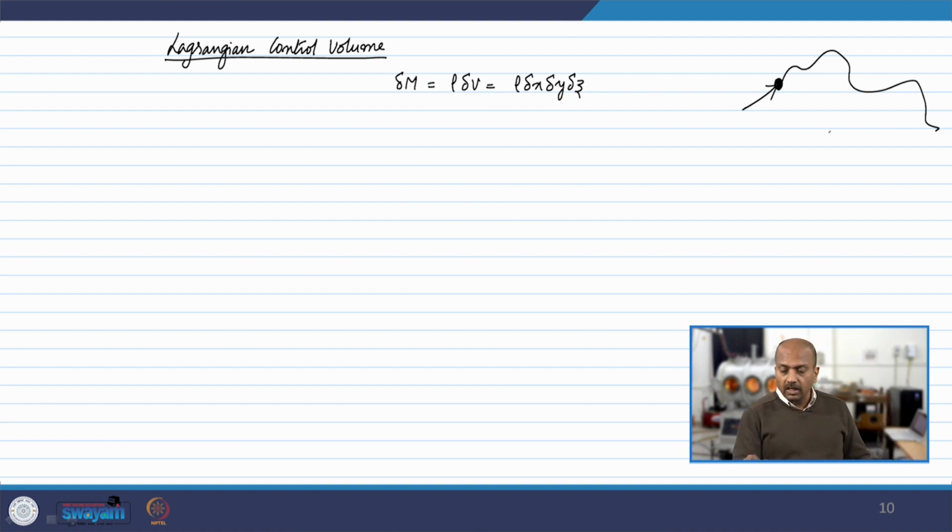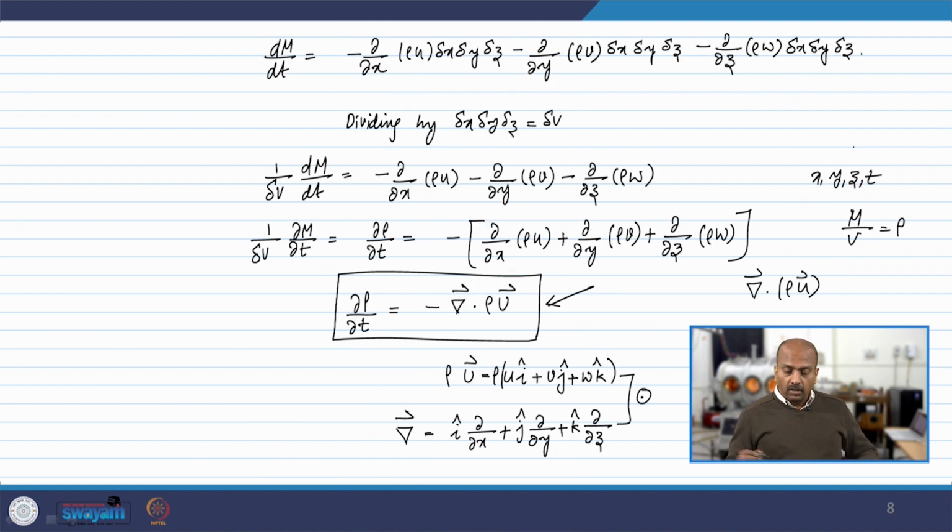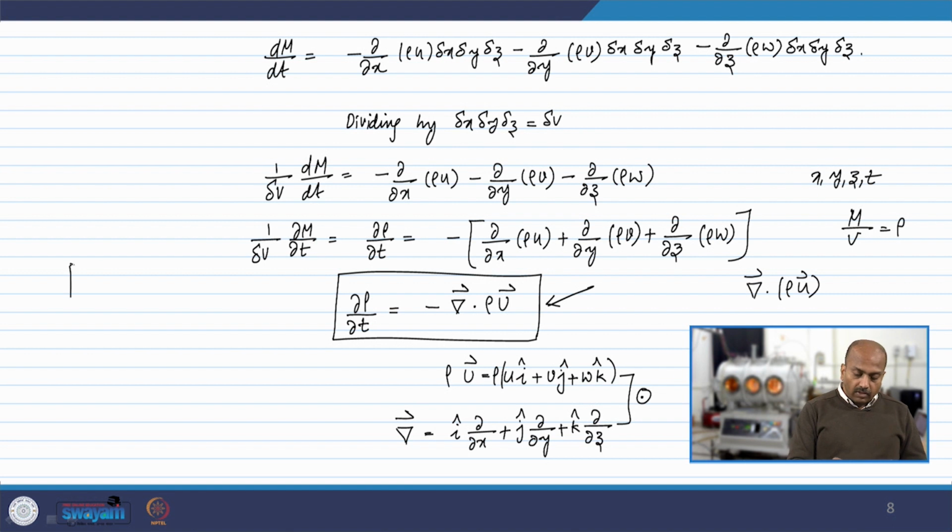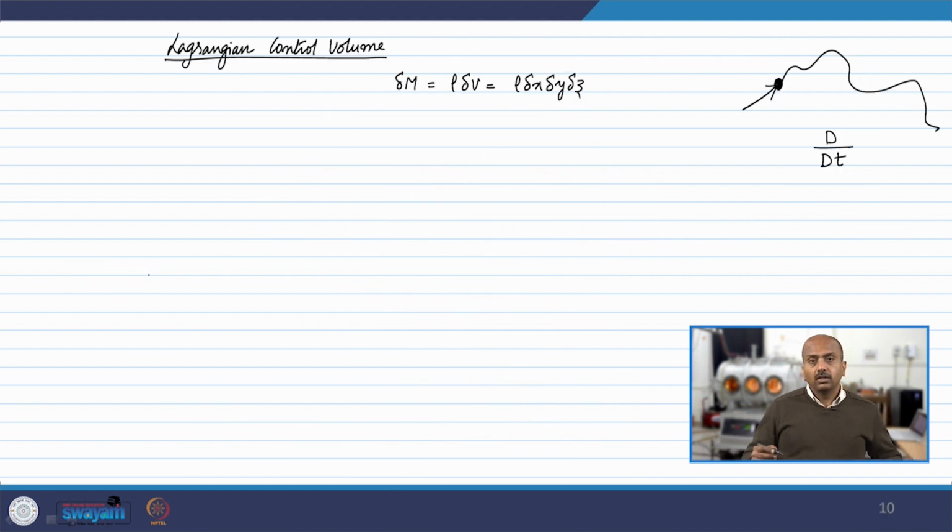So, the relevant derivative right now is d by dt. That is the basic difference. Go back: we had the control volume fixed, with x, y, z constant, and you were changing something, let us say density, only with respect to time. That is why you had the partial derivative, but now since it is moving everywhere, you have to think of the total derivative instead, right.